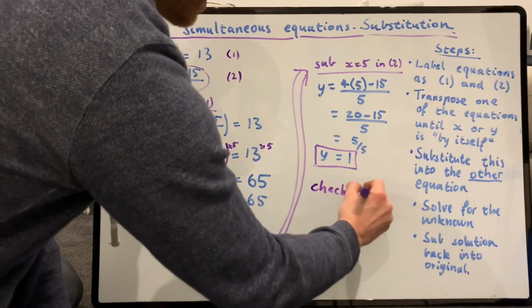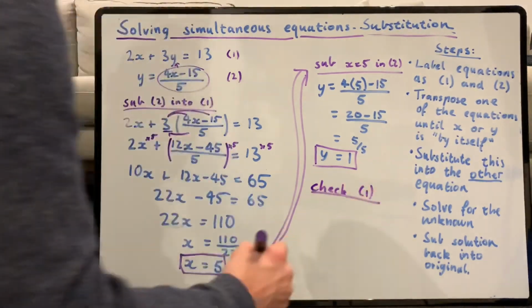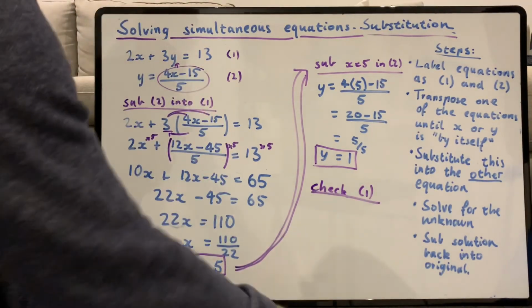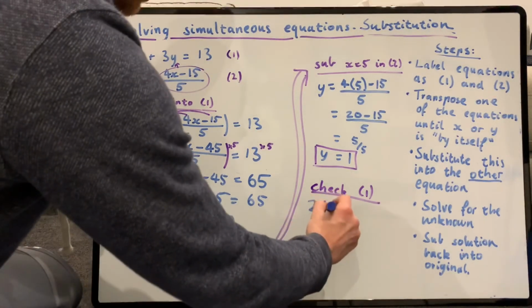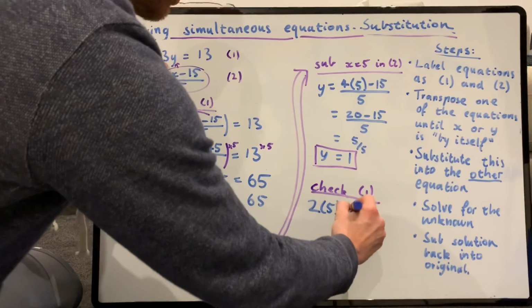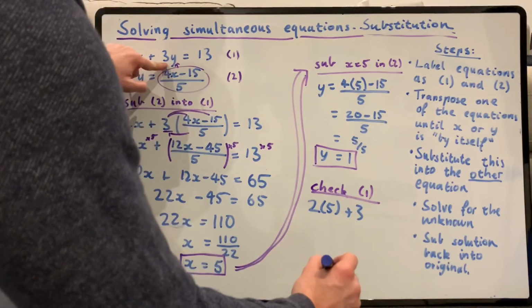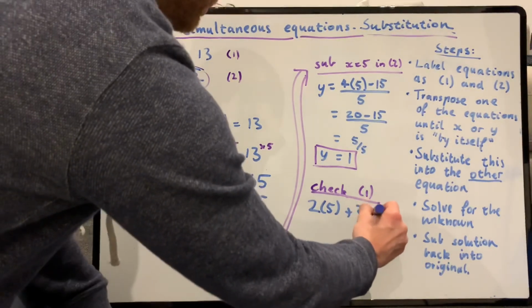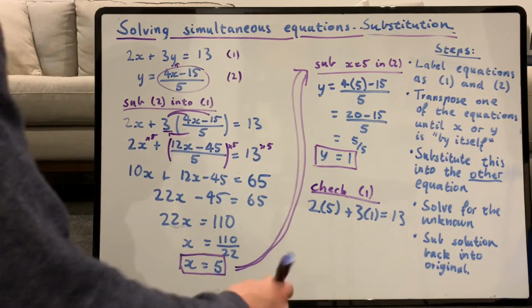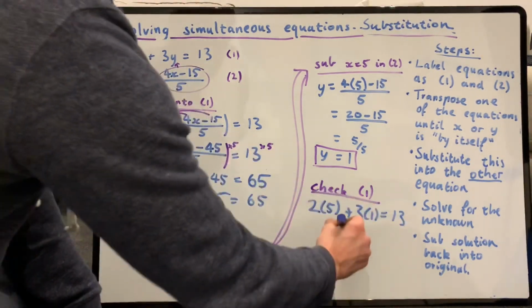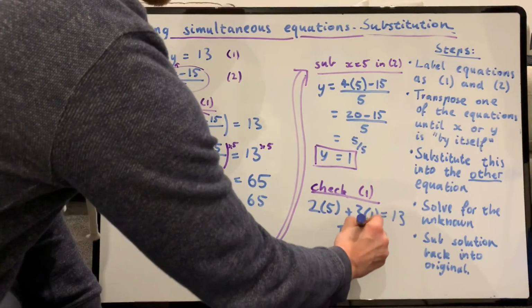So we'll check equation 1. And we're going to say 2 times, not x, but 5 plus 3 times 1 equals 13. Does it? Yes. 10, 3, 13. Bang. True.